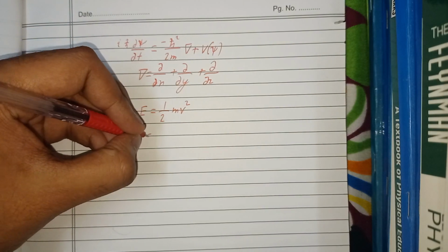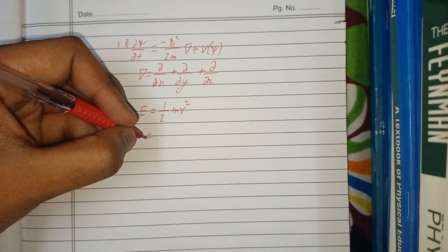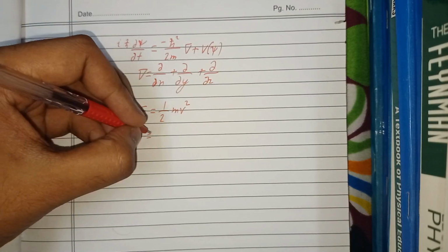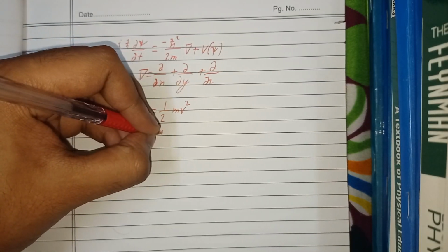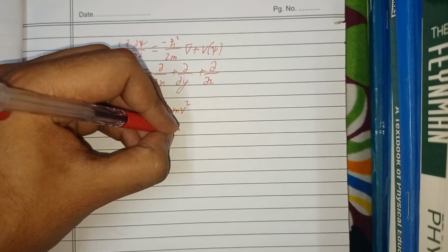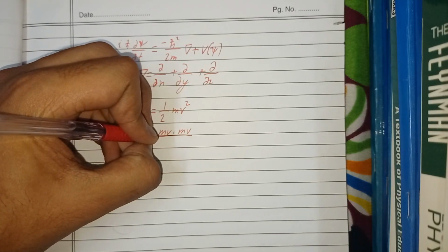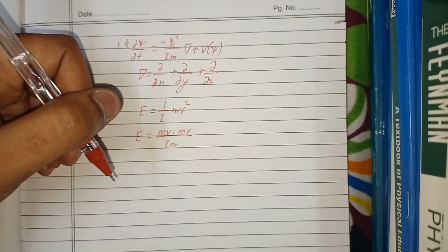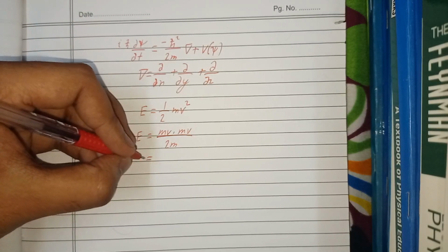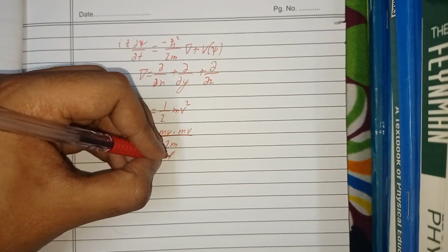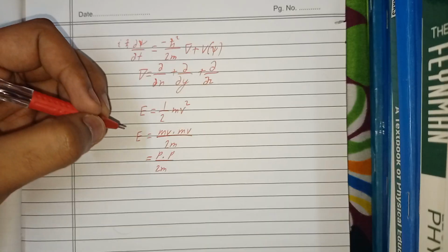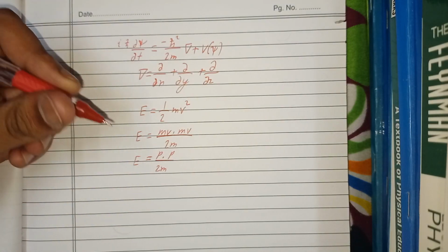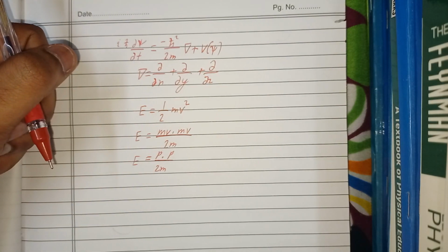So by simple manipulation, we get mv dot mv upon 2m. This is also the same formula, and by this we can write momentum dot momentum upon 2m. They all are the same thing.